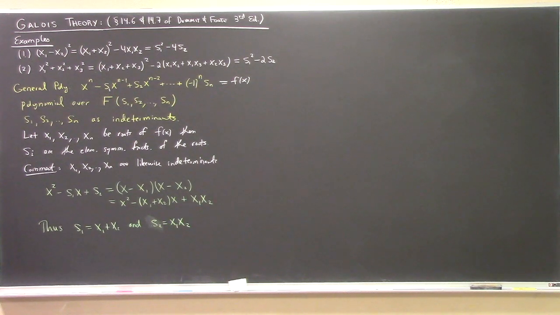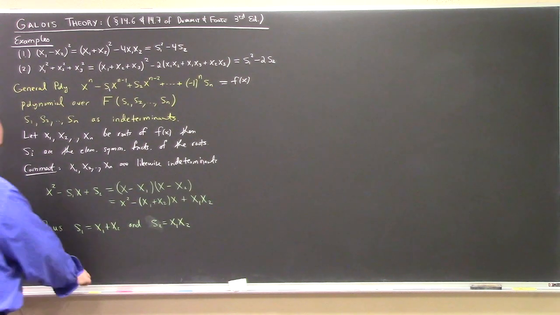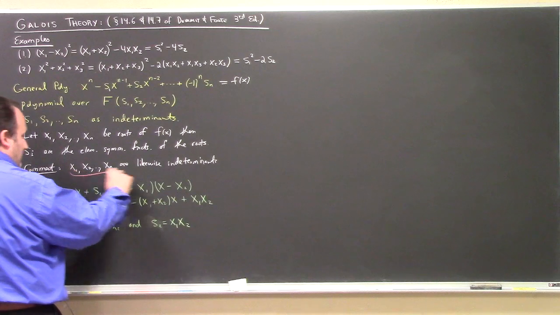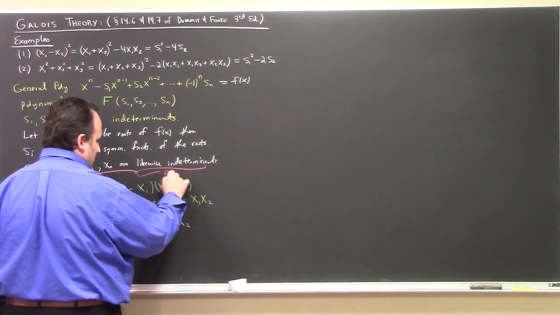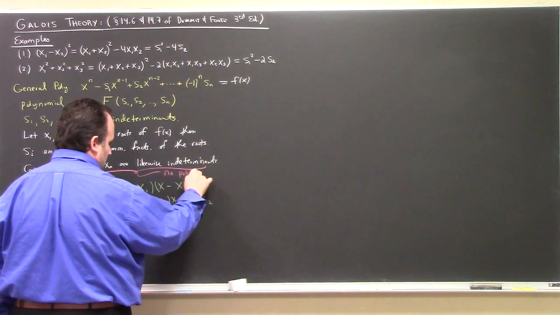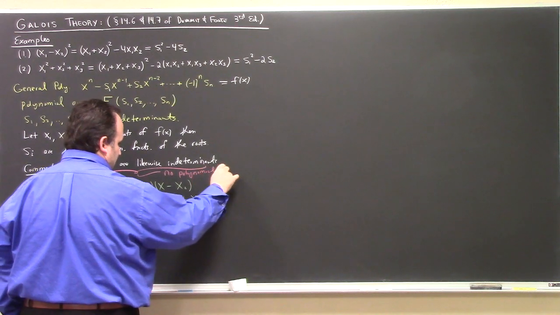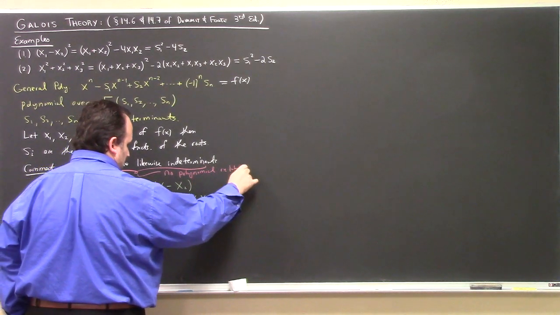To say they're indeterminates, he elaborates further on what that means: in the sense that there are no polynomial relations over F between them. No polynomial relations, what is that supposed to mean?